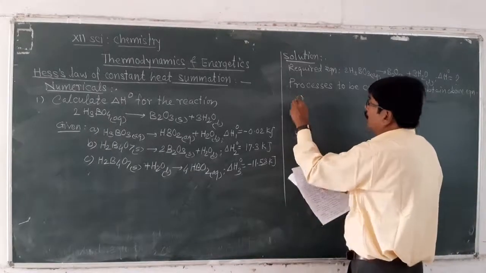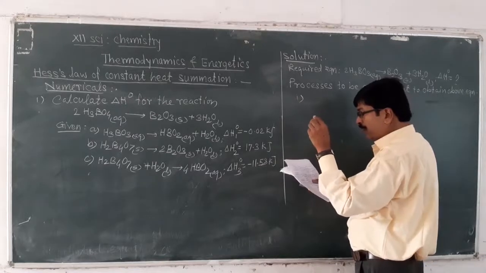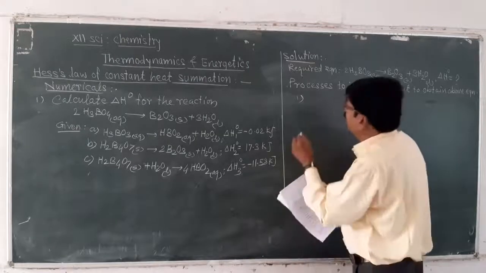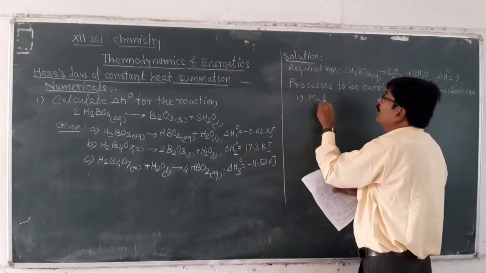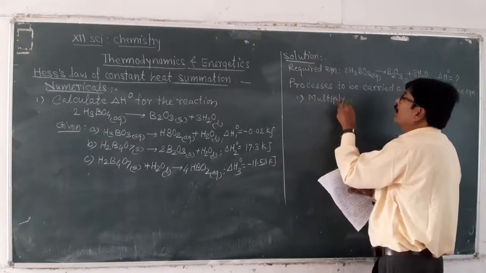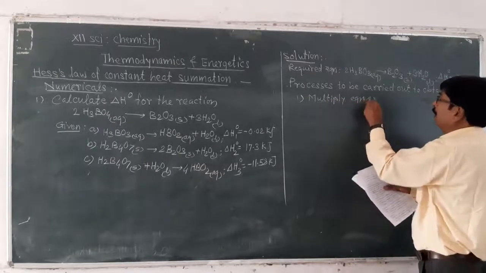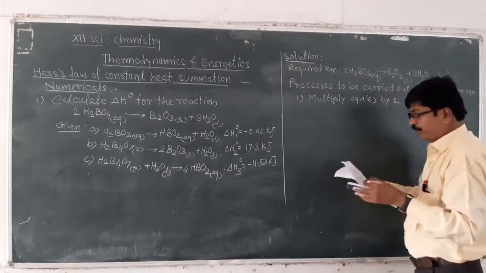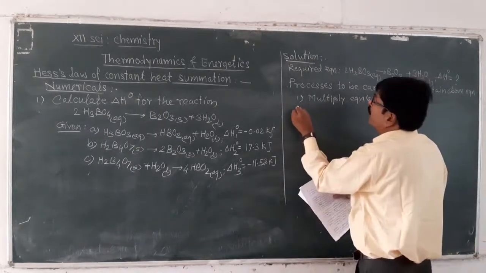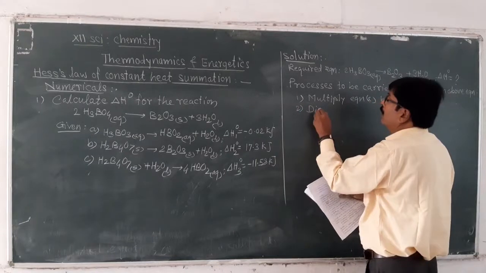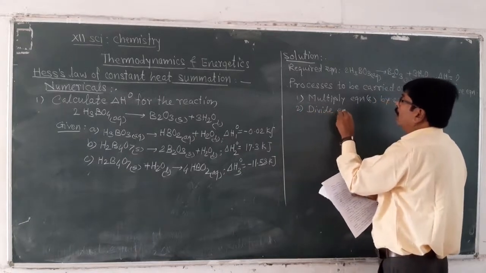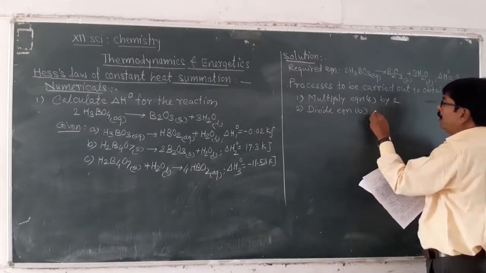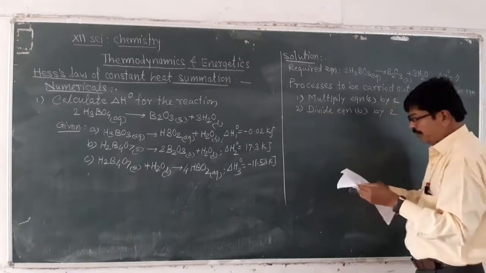First, multiply equation A by 2. Divide equation B by 2.